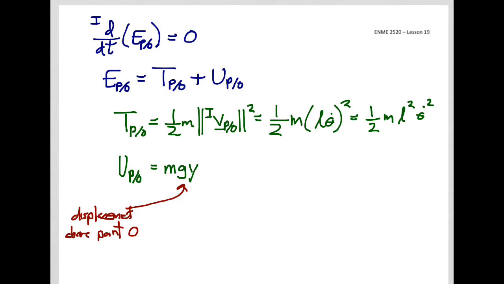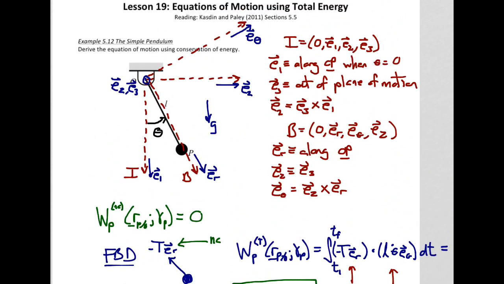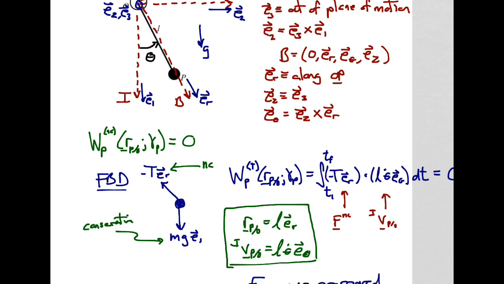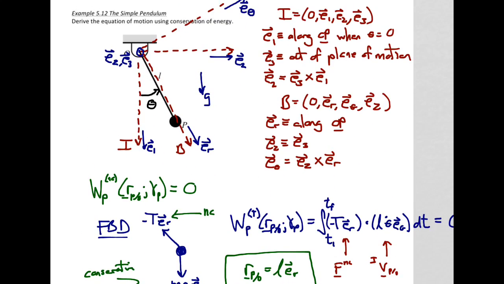This needs to be the displacement above point O because the force due to gravity is pointing down. So that means we need the displacement in the negative E1 direction.